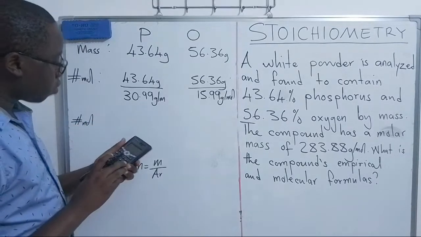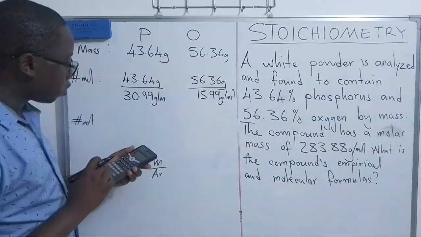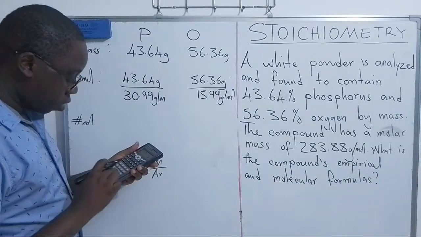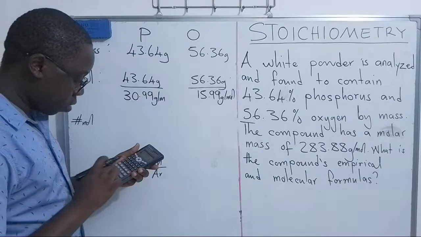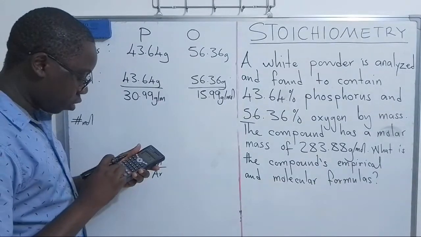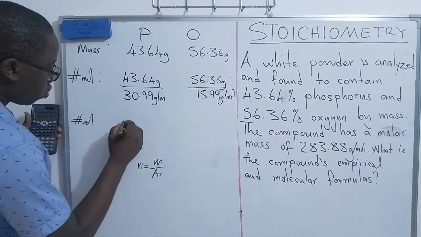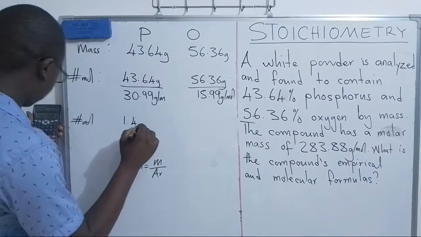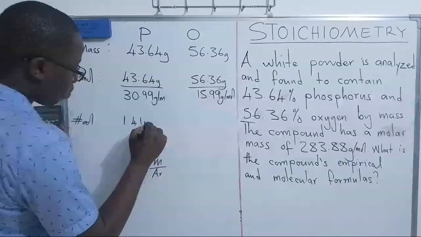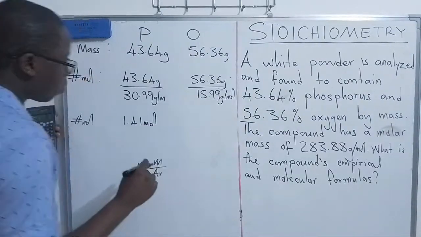So we are saying 43.64 divided by 30.99. It gives us 1.41 moles.